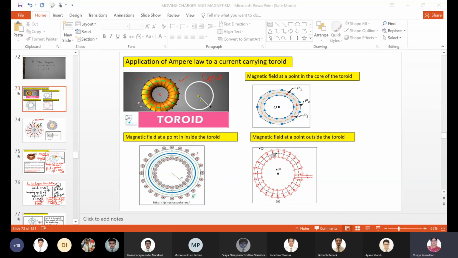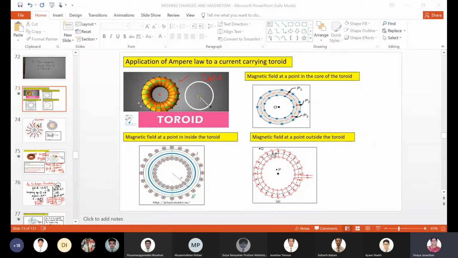Dot means the current is flowing outward, and cross means the current is flowing inward. So there are two different points where the same amount of current is flowing in opposite directions, one cancelling out the effect of the other. So the net current becomes equal to 0, which means the Amperian loop is enclosing zero current. If the current is 0, then the strength of the magnetic field will also be 0. So this is the way you argue for a point outside the toroid.